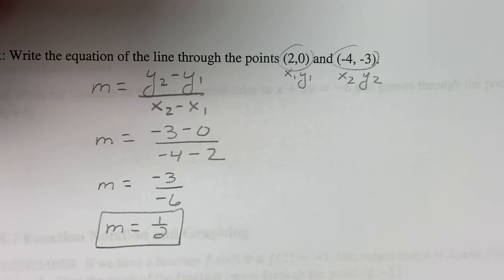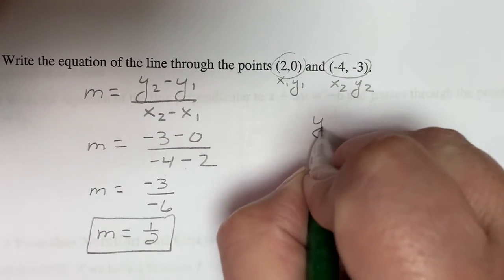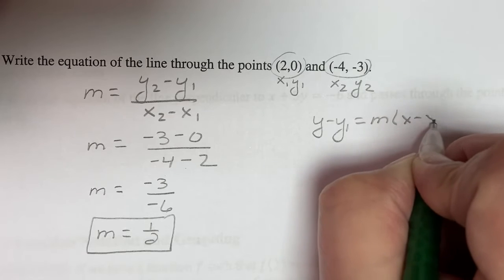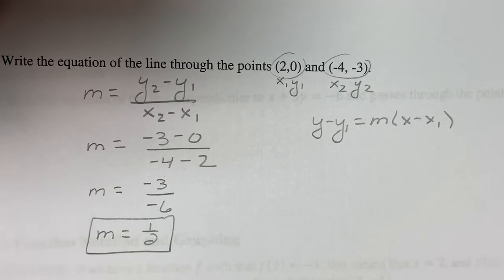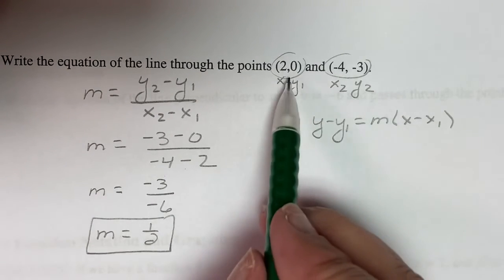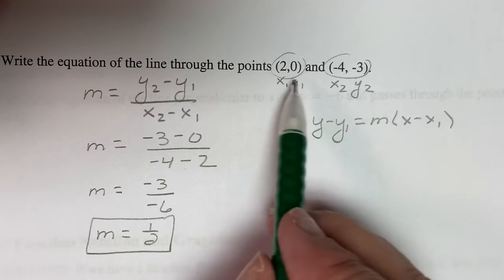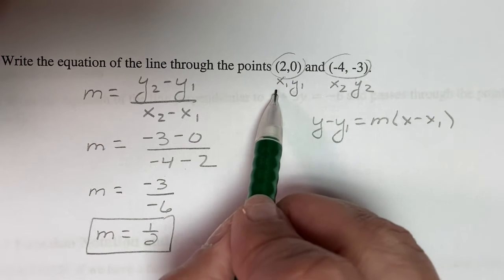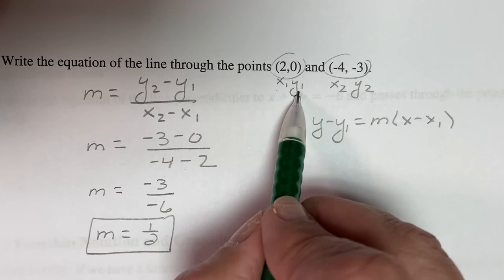Now I'm going to go to my point slope form, and I'm going to plug in either point. By the way, it doesn't matter. I'm just going to use this one because I like the 0. I'm going to plug this point in for x1, y1, and I'm going to plug in my slope.